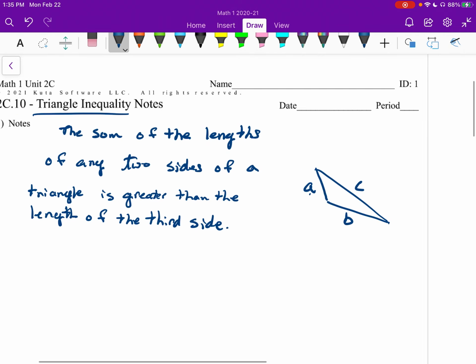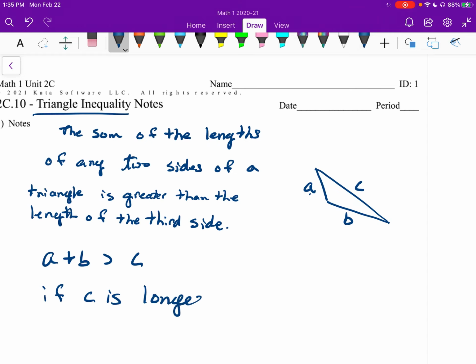It tells us that A and B has to be bigger than C. A plus B is greater than C. Always, always, always. And this is if C is longest. So you could say the two short sides together has to be longer than the big side.